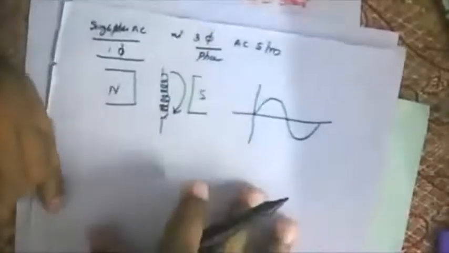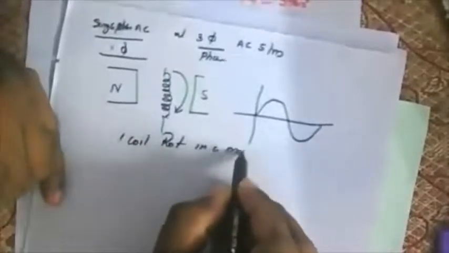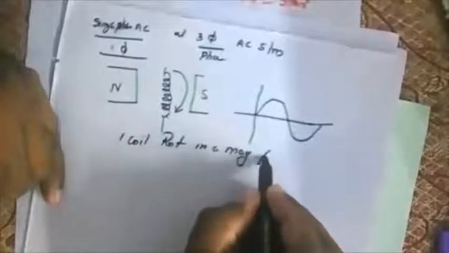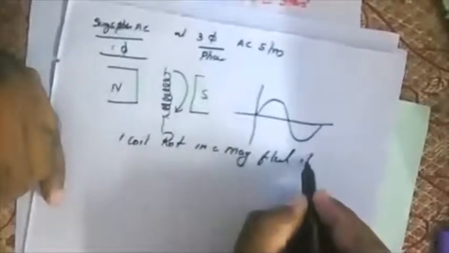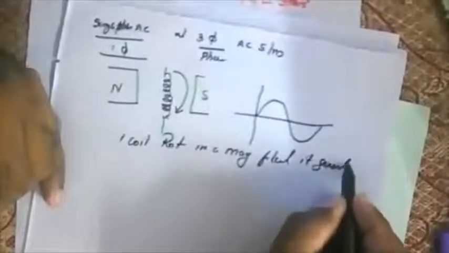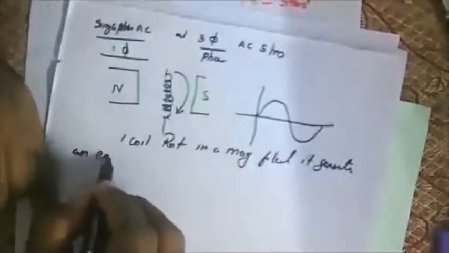So, what do you understand from here? Whenever one coil rotates in a magnetic field, it generates an EMF.